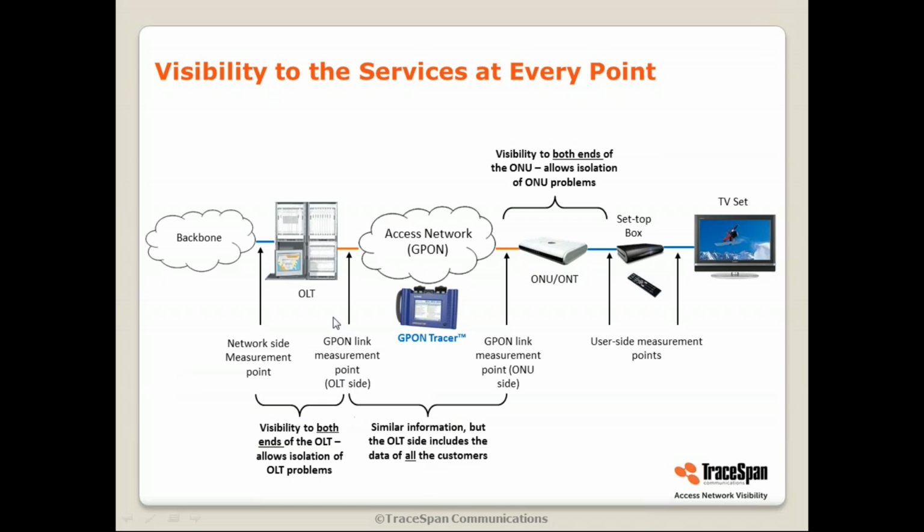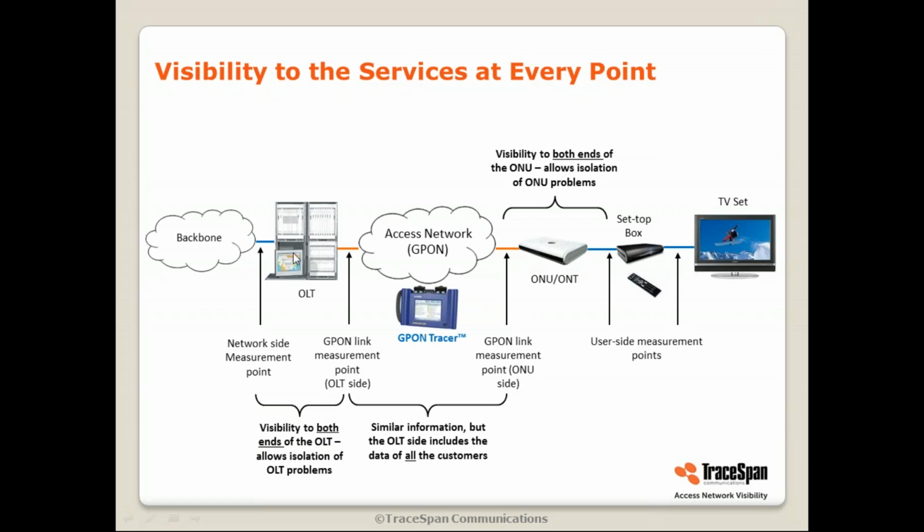Now, both ends of the PON, the OLT side and the ONU side, both ends of the fiber, will have the same traffic flowing, the same service, the same information, with one main difference. At the OLT side, you have visibility to all of the customers, while at the ONU side, it's only that one specific customer.